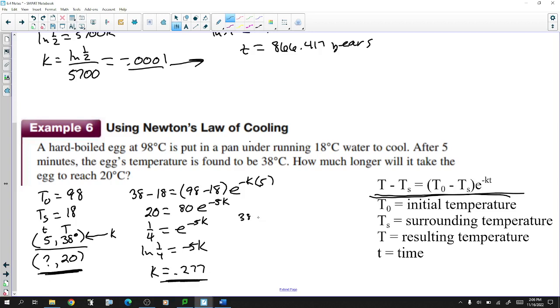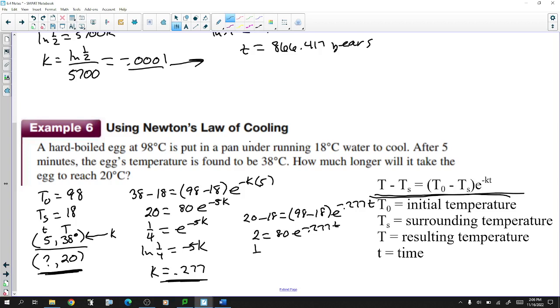Well, now we can plug this point in with the k plugged in also. We want this to be 20. 20 minus 18 is equal to 98 minus 18, e to the negative 0.277 times t. That's what we're trying to find, the time. 2 is equal to 80 e to the negative 0.277t.